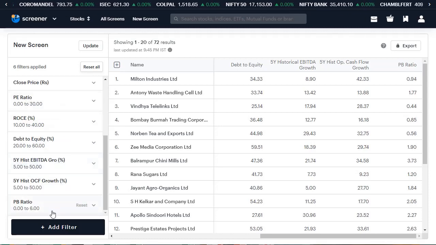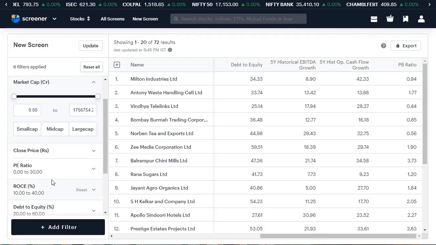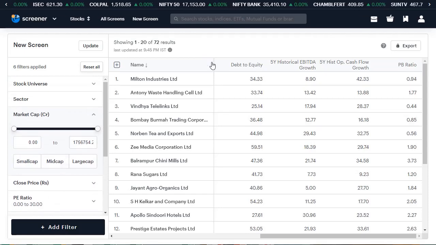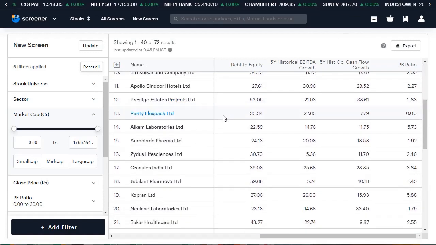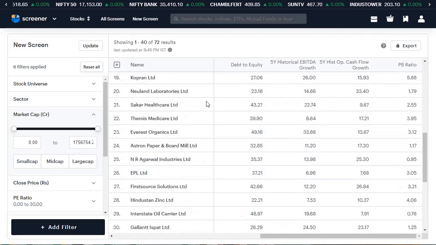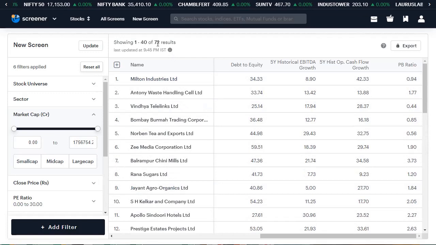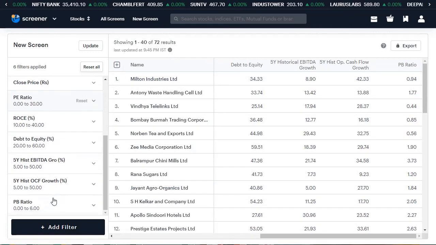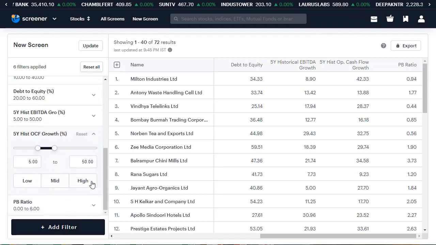Now, based on these filters, the screener generates a result of almost 72 stocks. This list can be increased or decreased by changing the ranges of the different parameters.